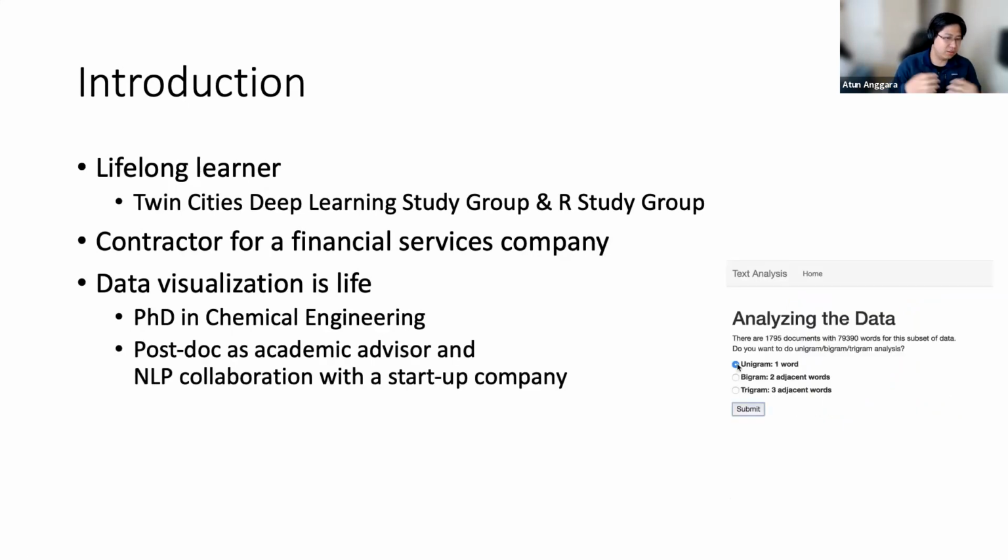And then second of all, in my postdoc, I work with people, advising students and doing natural language processing collaboration with a startup company, building a front end, and in this particular example, a Flask project where users can do some n-gram analysis where you want to look into a unigram or a bigram, which is two words, or even a trigram.